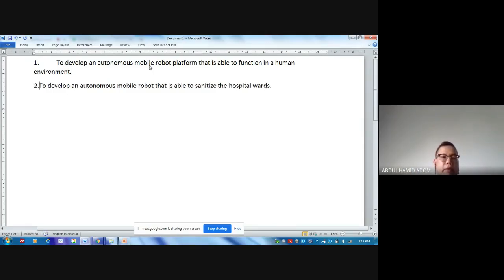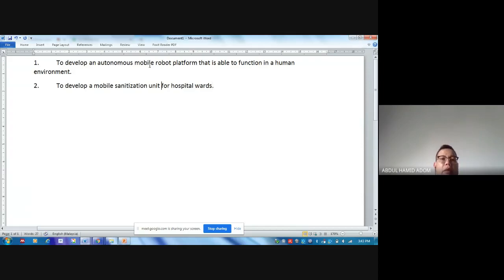and to develop a mobile sanitization unit for hospital wards. Okay.